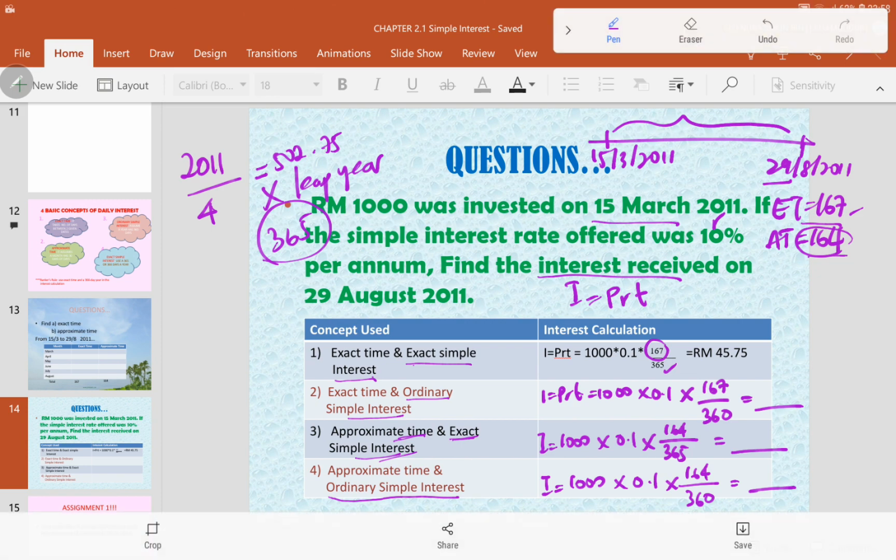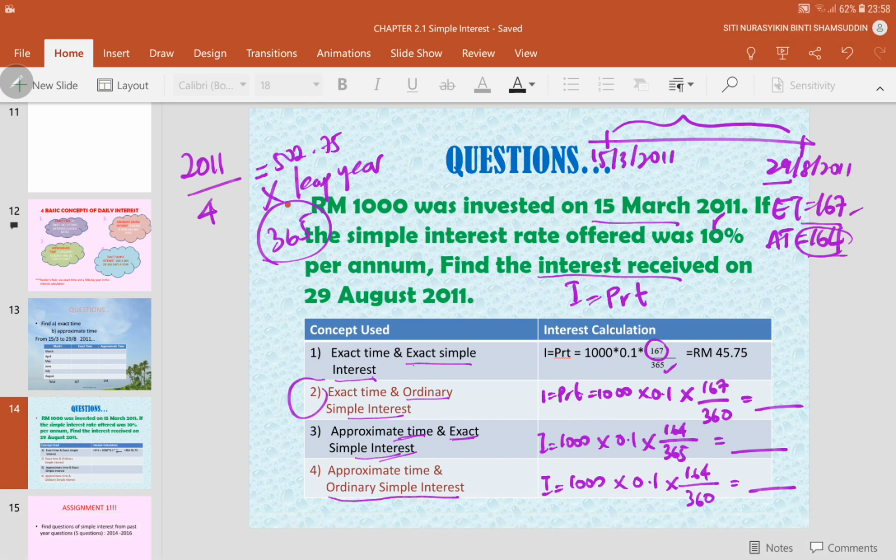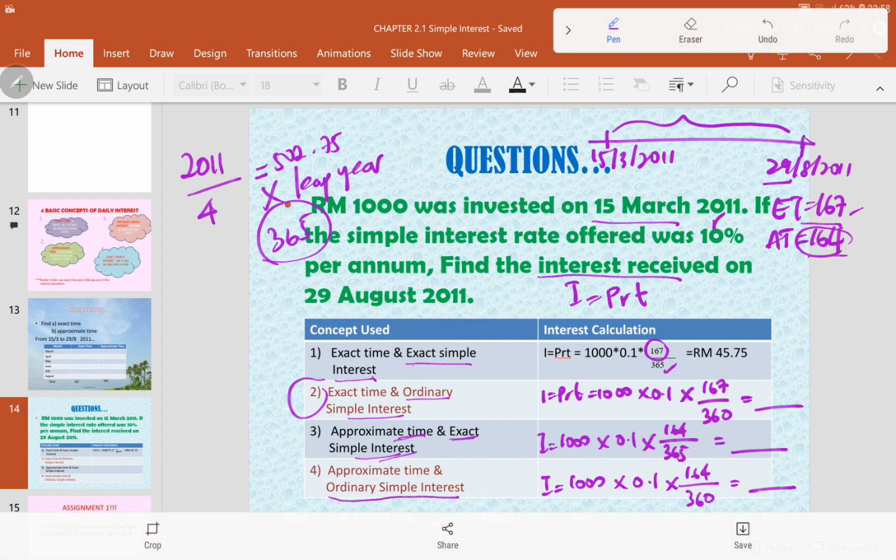So in this case, we have 4 different concept kan. So we have 4 different interest. Sebab dia guna T yang berbeza. Okay. Now, in this between concept 1, 2, 3 and 4, which one is a banker's rule? Okay. So banker's rule is number 2, which is we use exact time and ordinary simple interest.